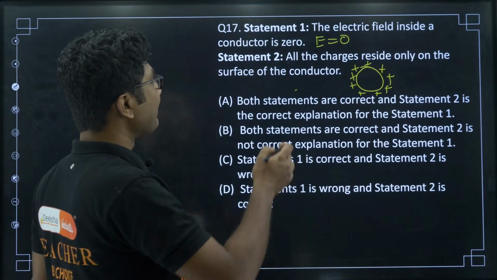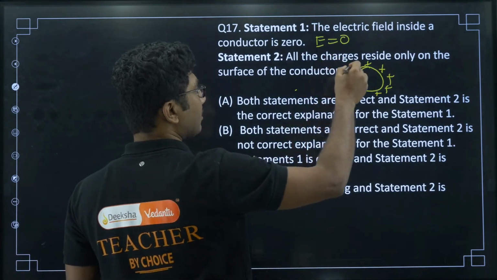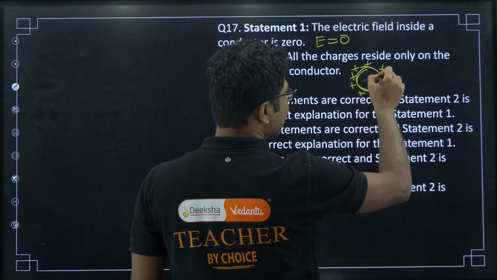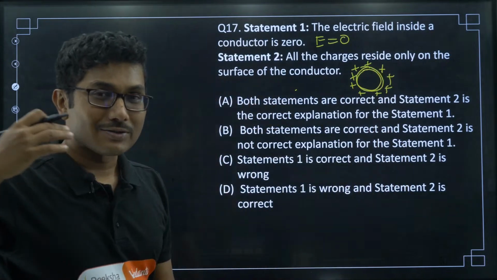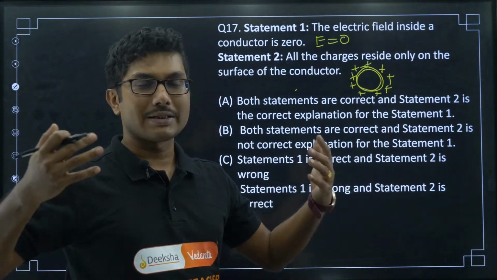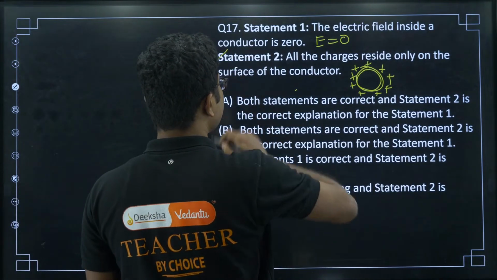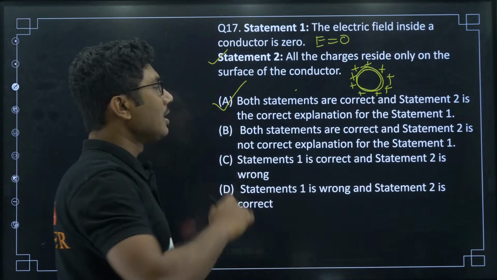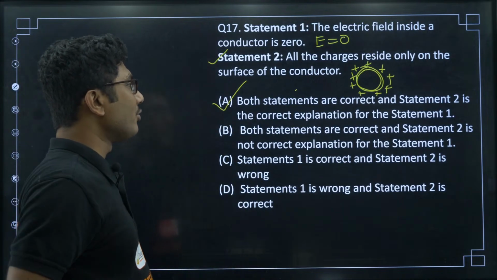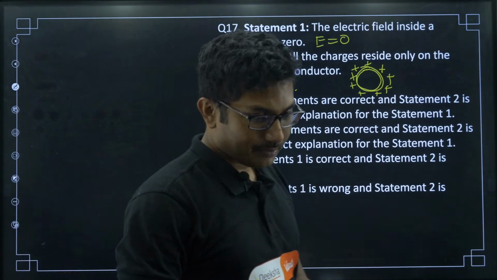Basically, if you apply Gauss's law, because the charges are on the surface, the electric field has to be 0 inside. Gauss's law says that it only depends on the charge enclosed. So, basically this is the correct explanation. Both statements are correct and statement 2 is the correct explanation for statement 1.